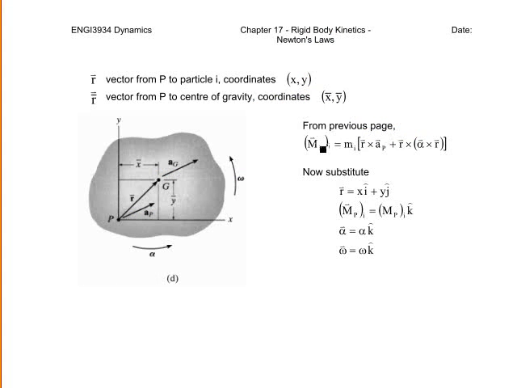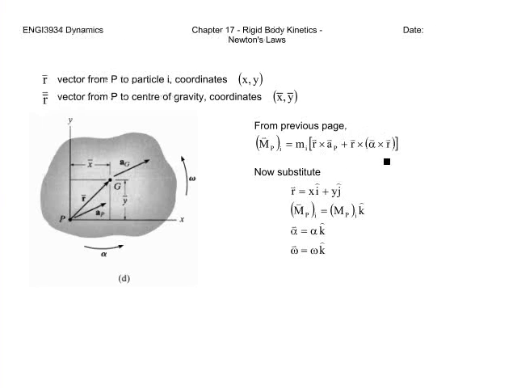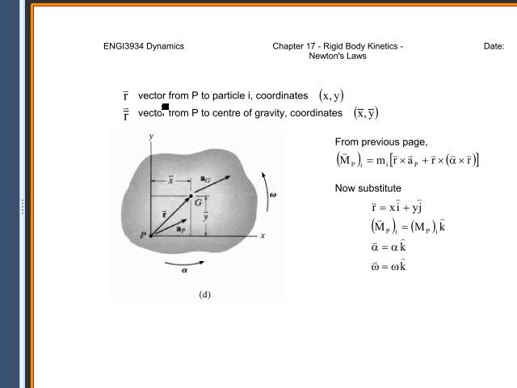Our previous result was that the moments about P due to particle I is mi outside of r cross ap plus r cross alpha cross r. Now, r vector is a vector from point P to particle I, and its coordinates are x, y, with respect to the origin.